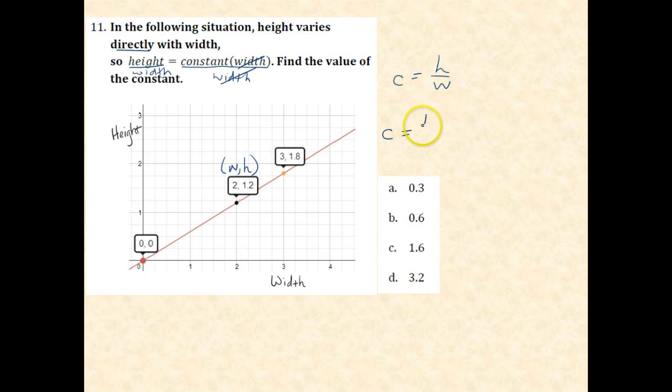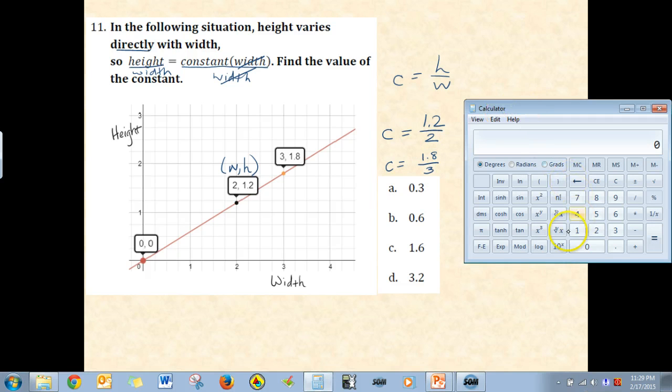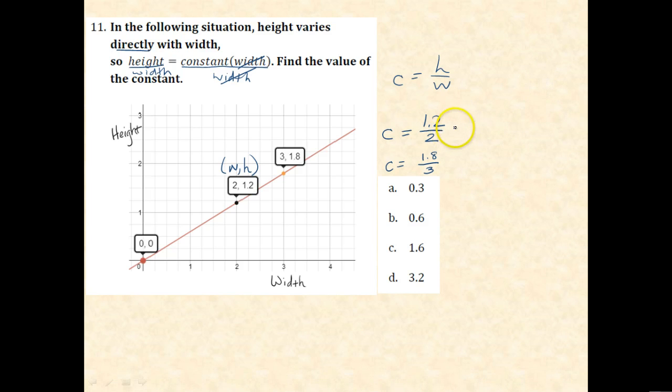So height over width, 1.2 over 2, or I could do 1.8 over 3, and either one of those works. 1.2 divided by 2, I get 0.6. 1.8 divided by 3, I get 0.6. So my answer is 0.6.